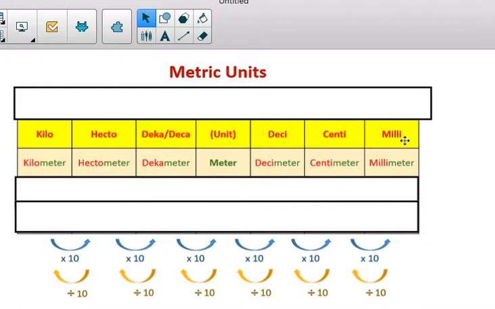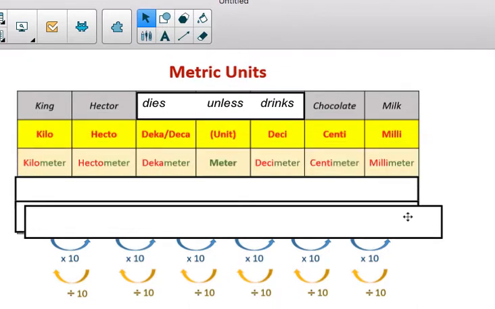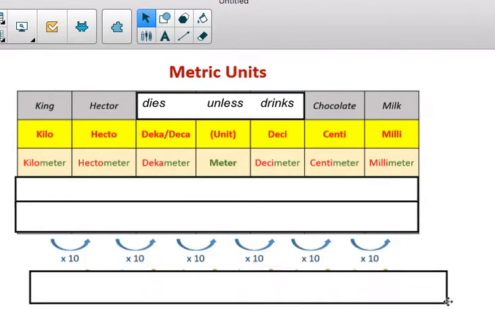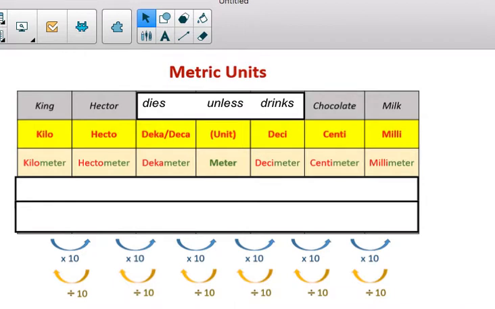Now, to remember this chart, someone came up with a little mnemonic, a little phrase to remember kilo, hecto, deca, the unit, deci, centi, milli. King Hector, so king, Hector, hecto, dies, deca, unless you drinks, deci, chocolate, centi, milk.